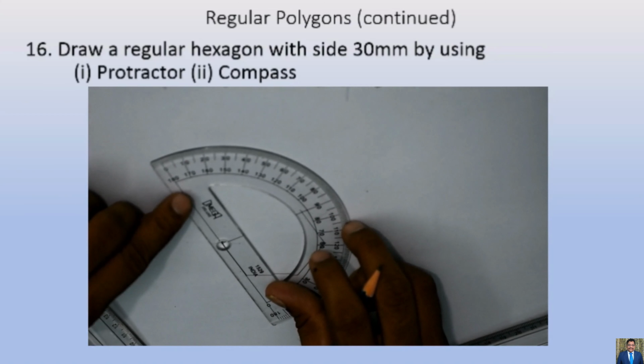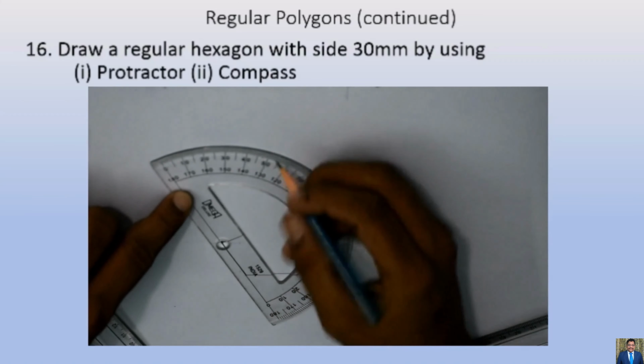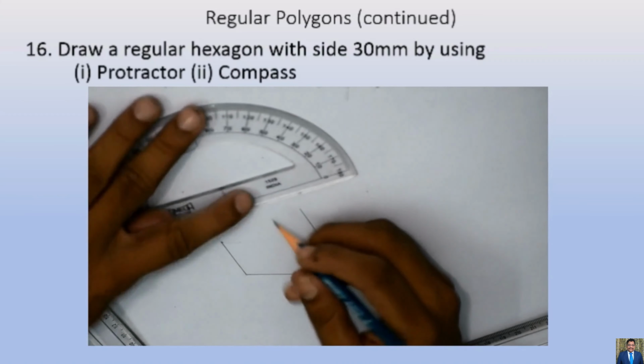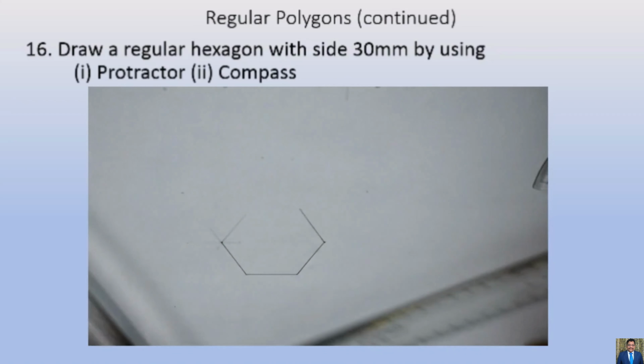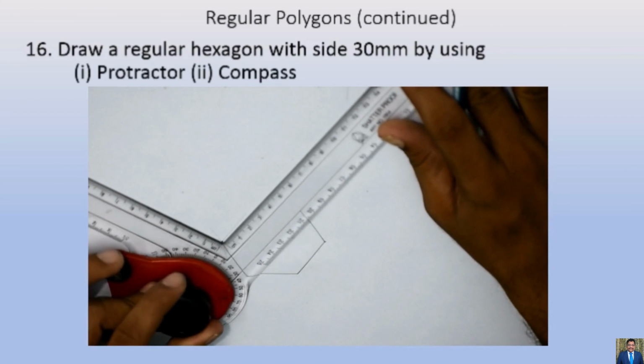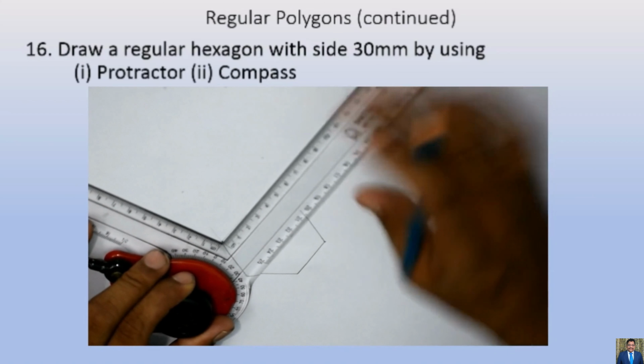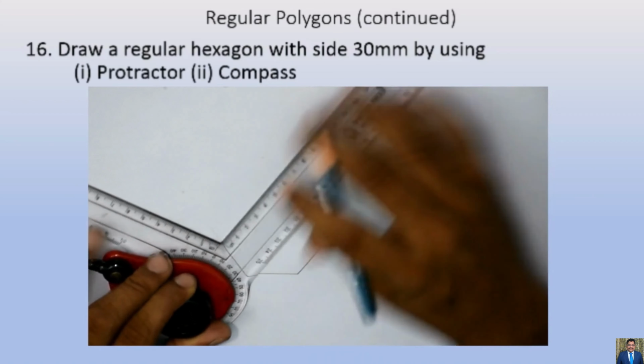Again from this end point, we have to take 60 degree. So I am telling you one more time that the protractor scale will have two markings from 0 to 180, from this side and that side also. So you need to be sure before taking the angle.